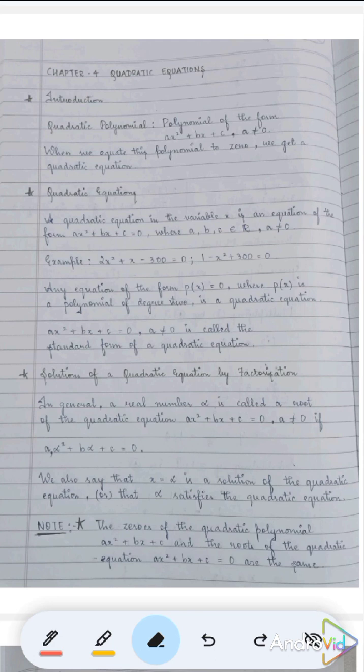Today in this video I am going to discuss the concepts of Chapter 4, Quadratic Equations, Class 10th NCERT. First let's see the introduction of this chapter: quadratic polynomial definition. How can we define a quadratic polynomial?